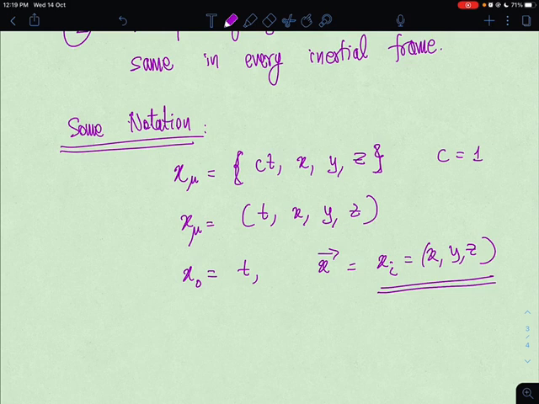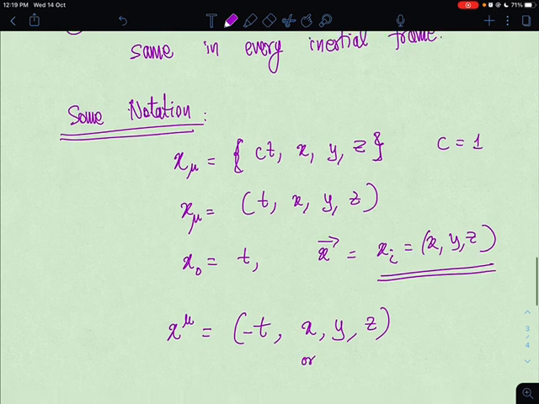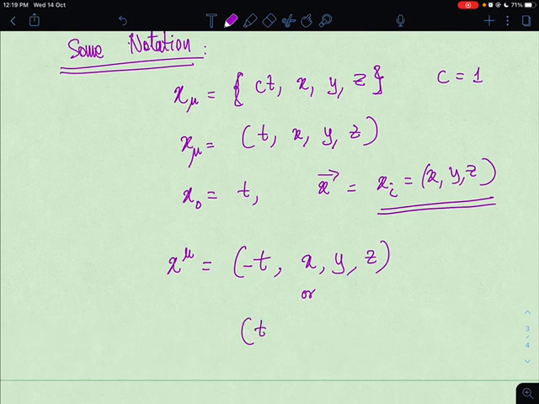Now the same vector can be written in another form, in what is called the dual space. So x mu would be, there are two options here depending upon the sign of the metric: t, x, y, z, or t, minus x, minus y, minus z.